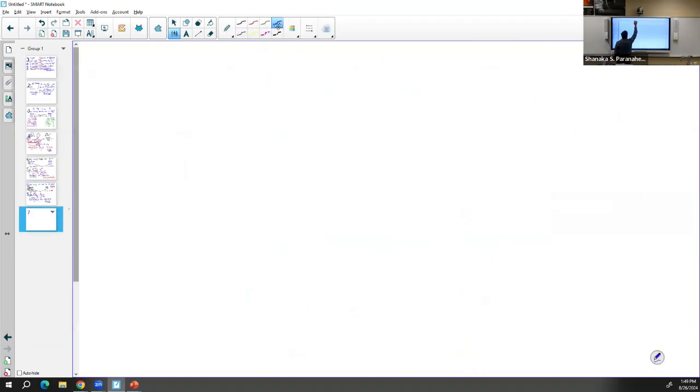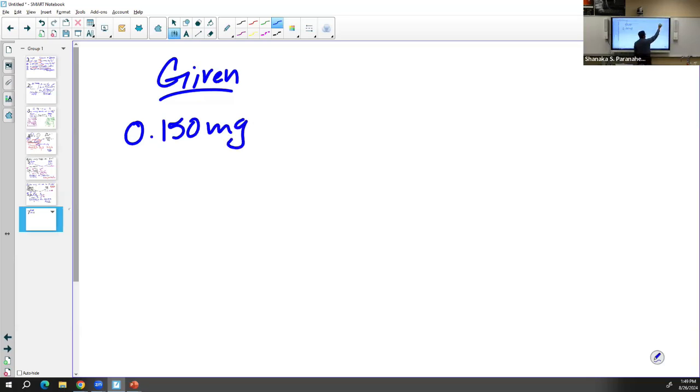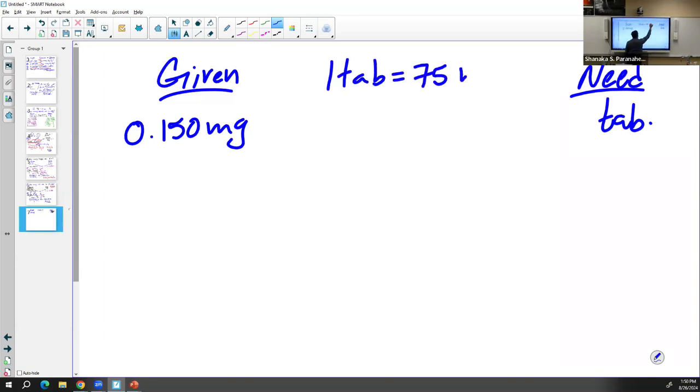Let me summarize that question. Given 0.150 milligrams, we need the number of tablets. That's a statement in the question, and it says one tablet in stock contains 75 micrograms.